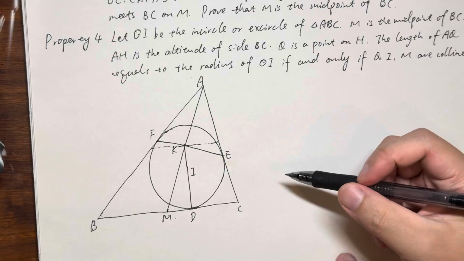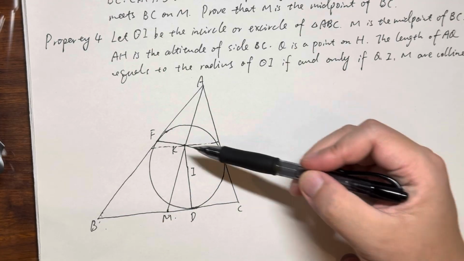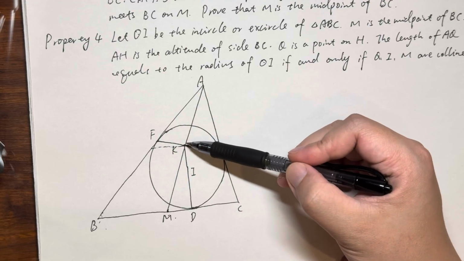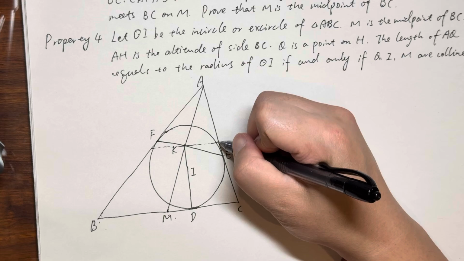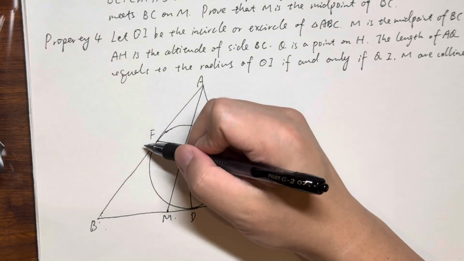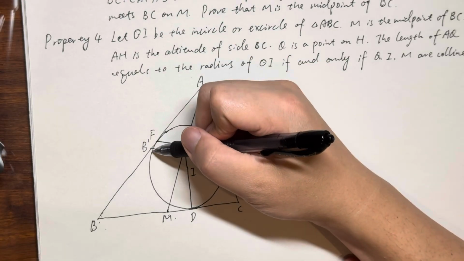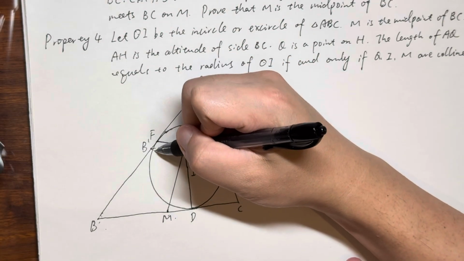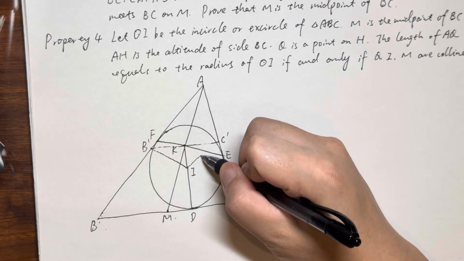Think about it. We want to prove that BM equals MC, which means we just need to prove this segment equals this segment because they are parallel. So let's call this point C prime, this point B prime. Now we can connect IB prime, connect IC prime. Why?